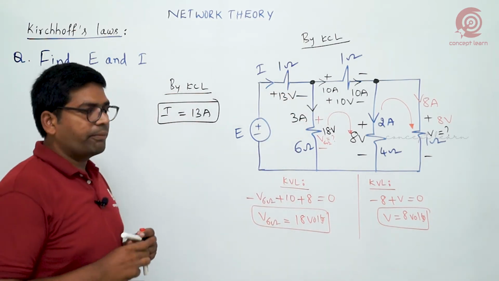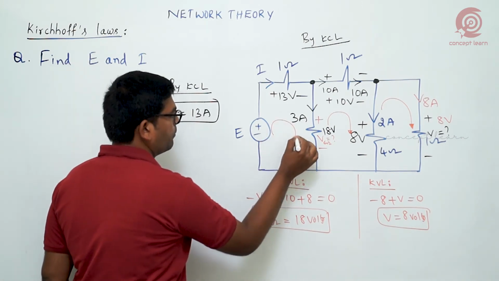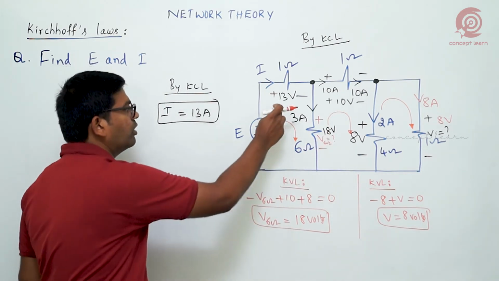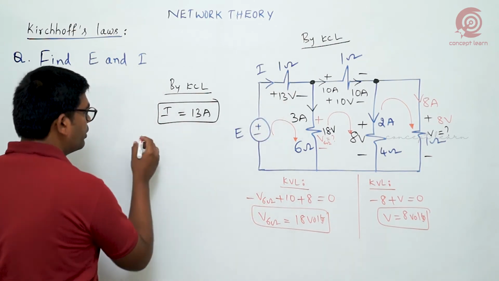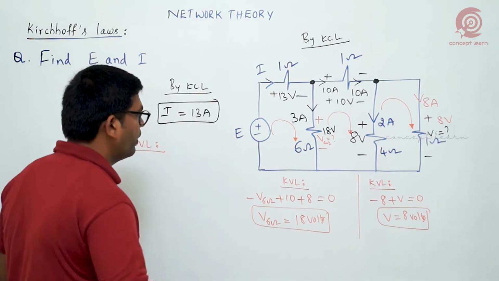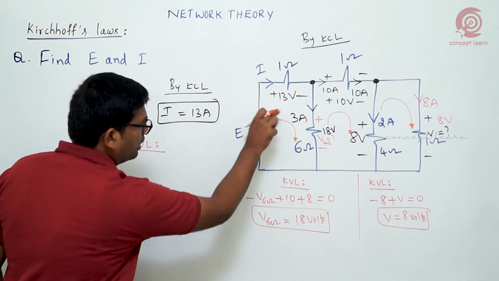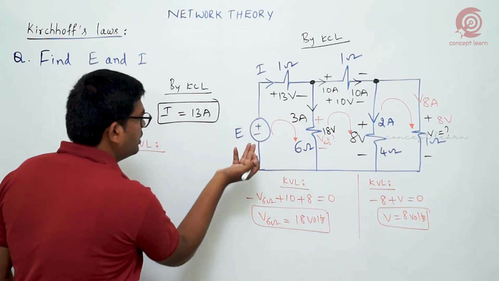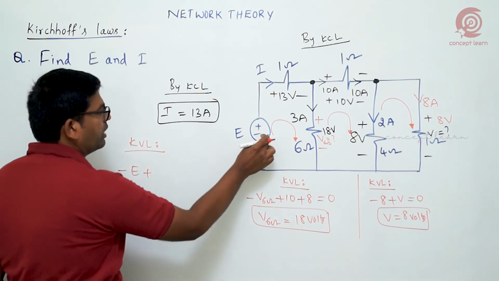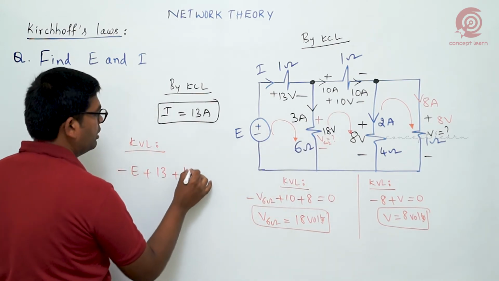Now another parameter, E, we need to find. Here also it is making a loop. Look here. We already got the voltage across 6 ohm, that is 18 volts, and now we got the voltage across 1 ohm, 13 volts. So if you write KVL for this loop, where the source, that is the unknown voltage, is present, current entering into this negative terminal, follow this clockwise direction based on this red color mark, entering into the negative sign, so minus E. Again entering into the positive sign, plus 13, entering into the positive sign again, plus 18, which is equal to 0.